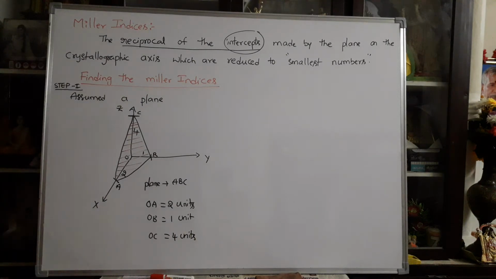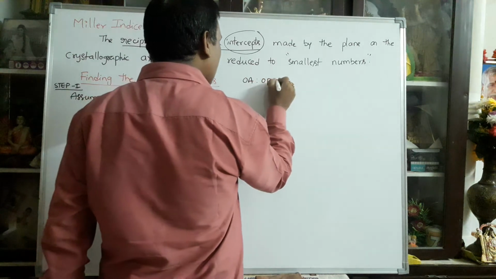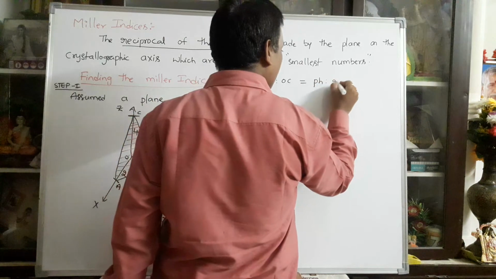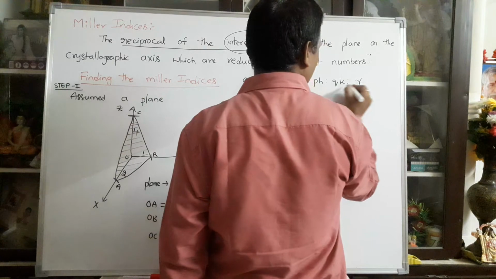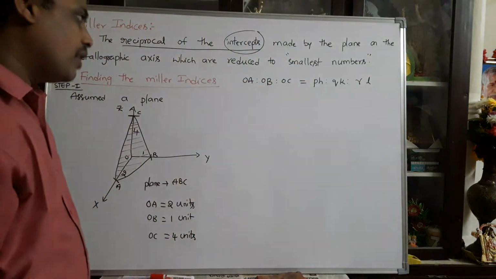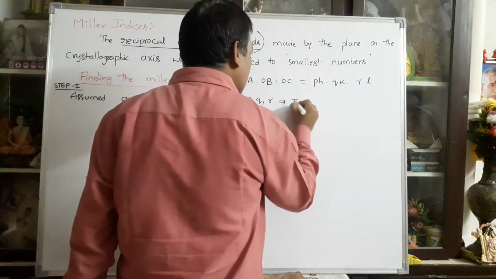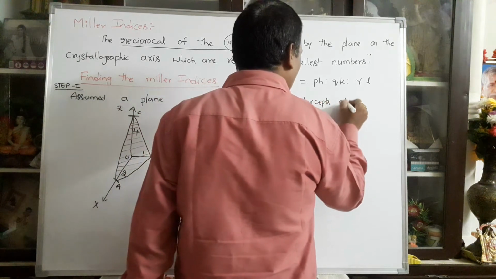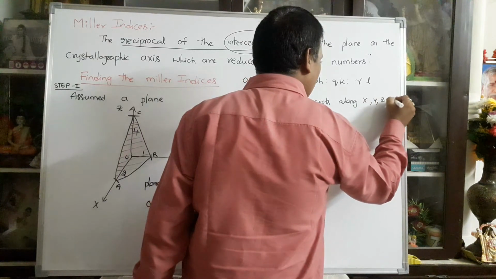So the intercepts, you can take the intercepts. So we know OA is to OB is to OC can be taken as P/H is to Q/K is to R/L, where P, Q, R are intercepts along their crystallographic axes, the x, y, z axes.